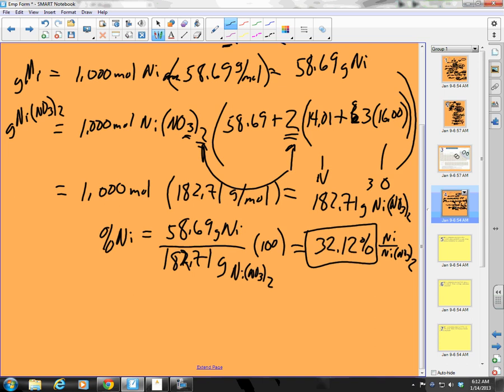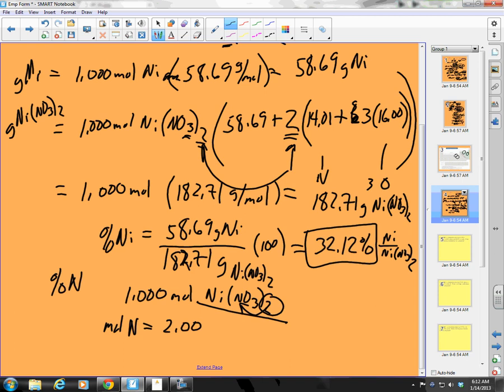Now, here's the question. How would we set this up if the question wanted percentage nitrogen? Well, I have 1.000 moles of nickel 2 nitrate, right? Then how many moles of nitrogen do I have? I have 1 mole of this whole thing, but there are 2 moles of nitrogen in every 1 mole of that, so I'd have 2.00 moles of nitrogen.